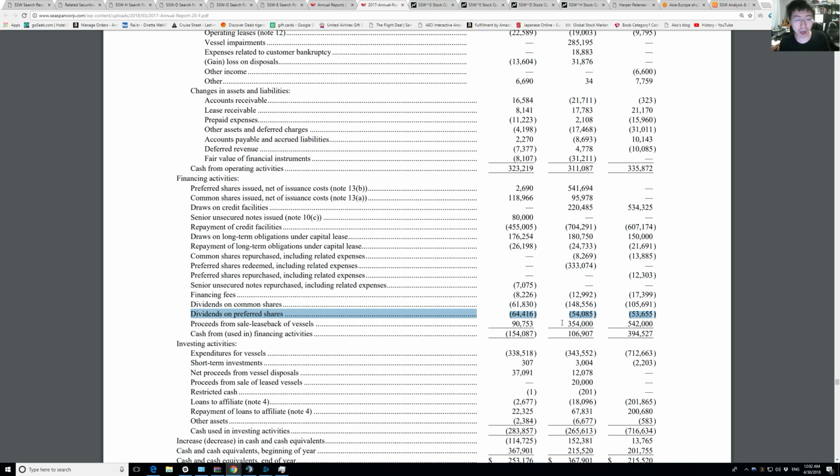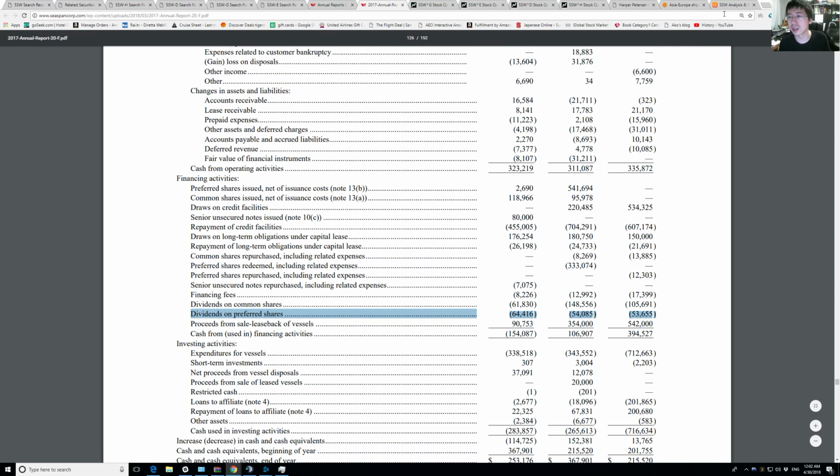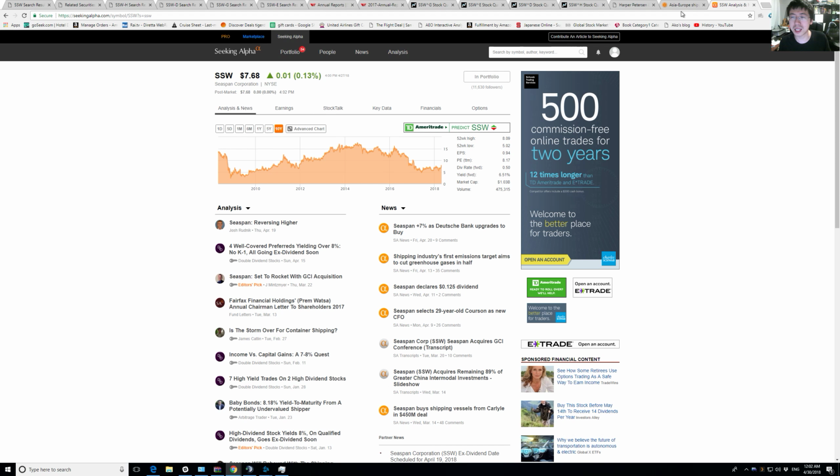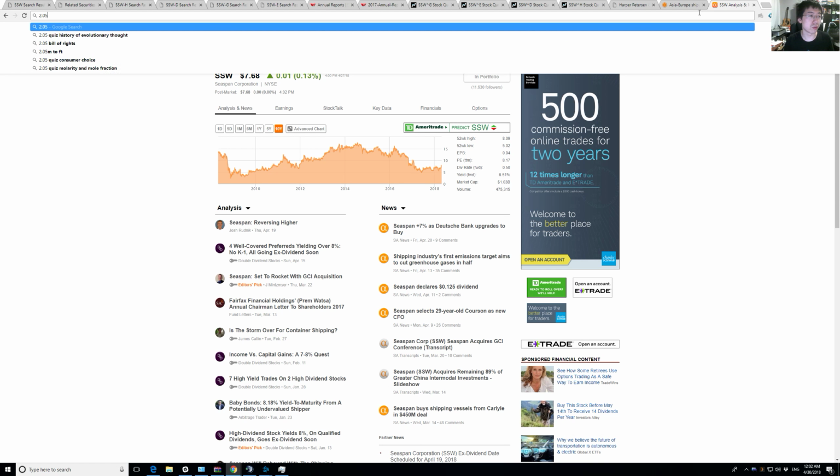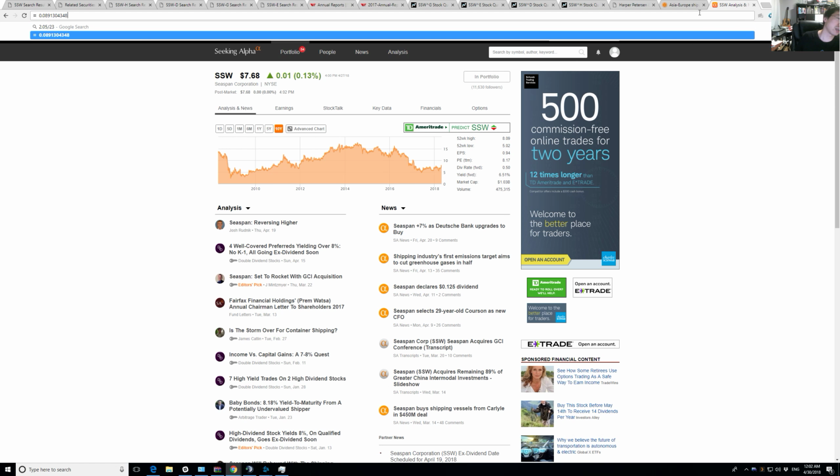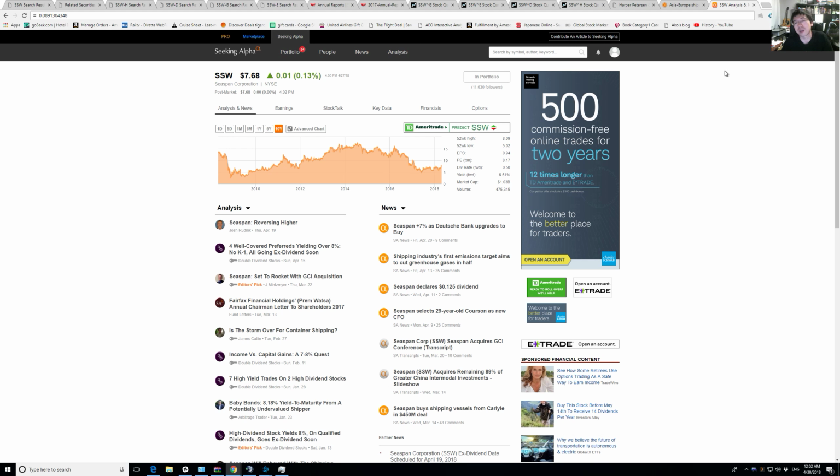So I parked some cash here just to get that 8%. I think when I got it, it was like 8.5-ish, or a little bit more than that. I got in at about $22 or $23. So 2.05 divided by 23 is like 8.9. So I got close to a 9% dividend. That wasn't too bad.